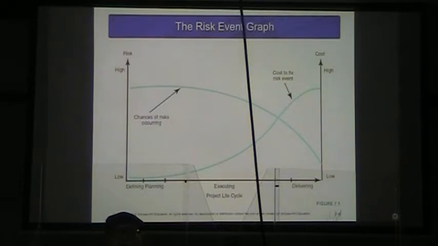The cost, now even though the risk is very high at the beginning, the cost of fixing it becomes quite low, right? We can plan and make sure that we have contingency plans for risks that occur, and the cost goes up through our process even as the chances of risks are coming down.